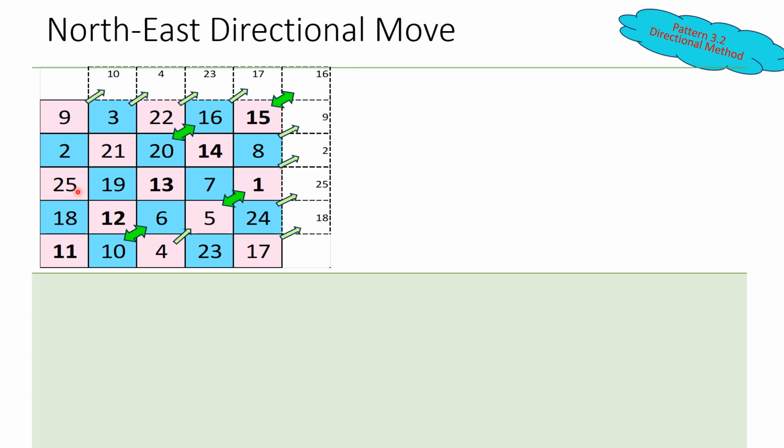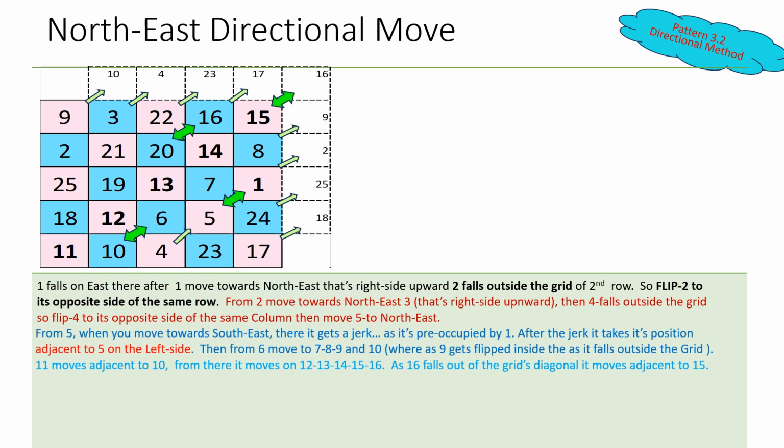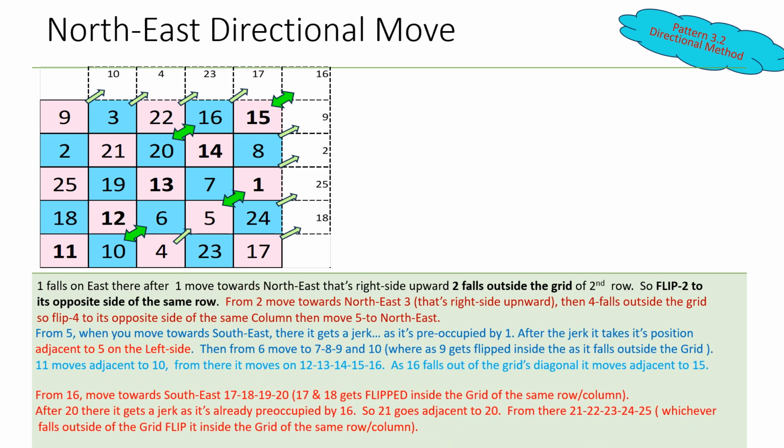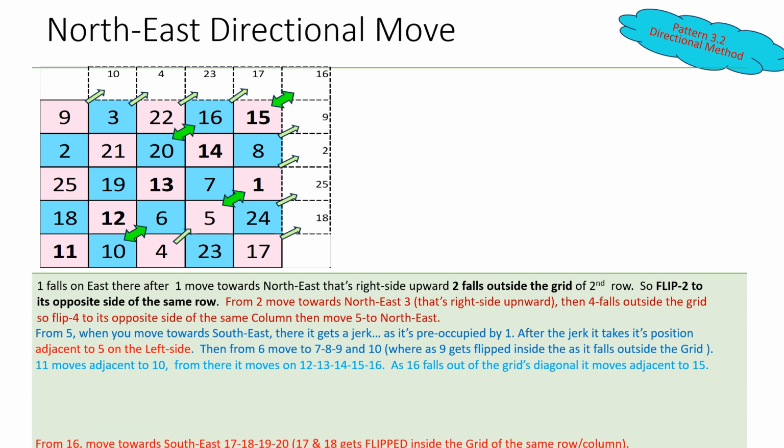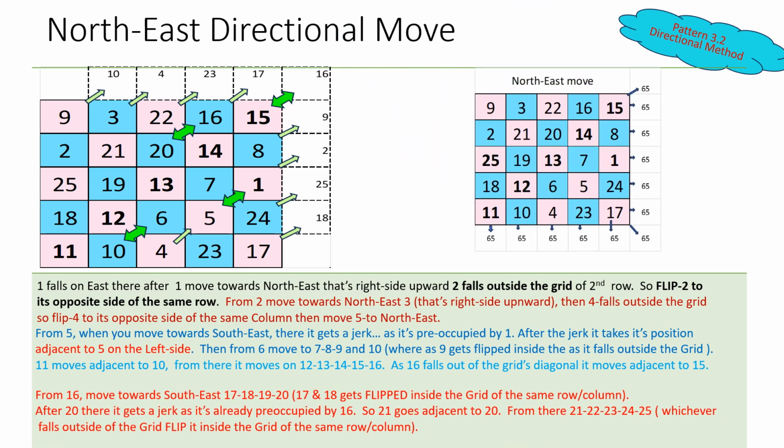You see, 25 is on the left side of 1. So after a jerk, whichever number gets jerked should occupy its position on the left side only. In this way, fill up the numbers: whichever falls outside the grid, flip it inside the grid on the same row or the same column. Now we will check it. You are getting 65 as its magic constant vertically, horizontally and diagonally.